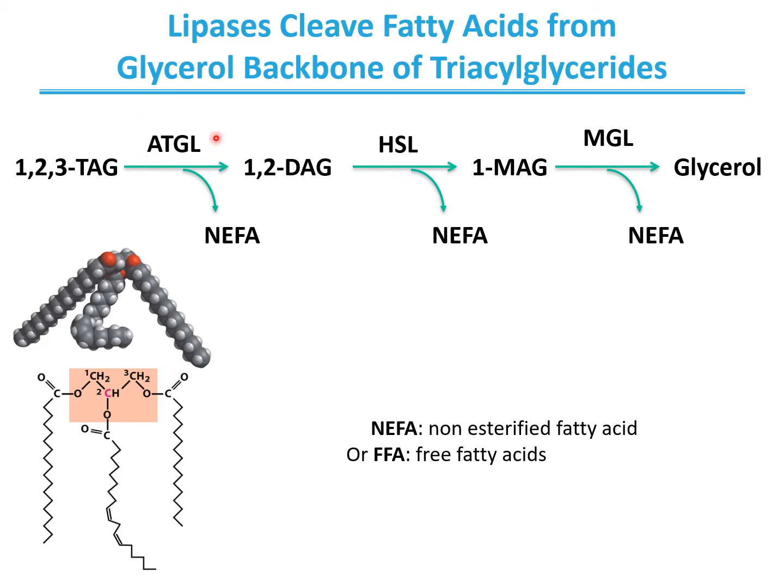So it's a summary which might be easier for you to see the action of each of these lipases in this slide. Here, fatty acids are indicated as non-esterified fatty acids because they are not esterified onto the TAG molecule with the glycerol.